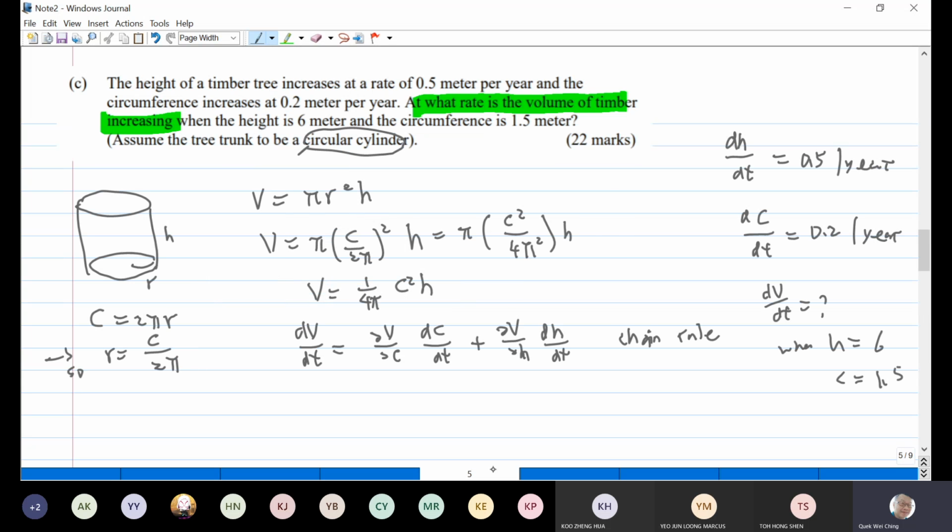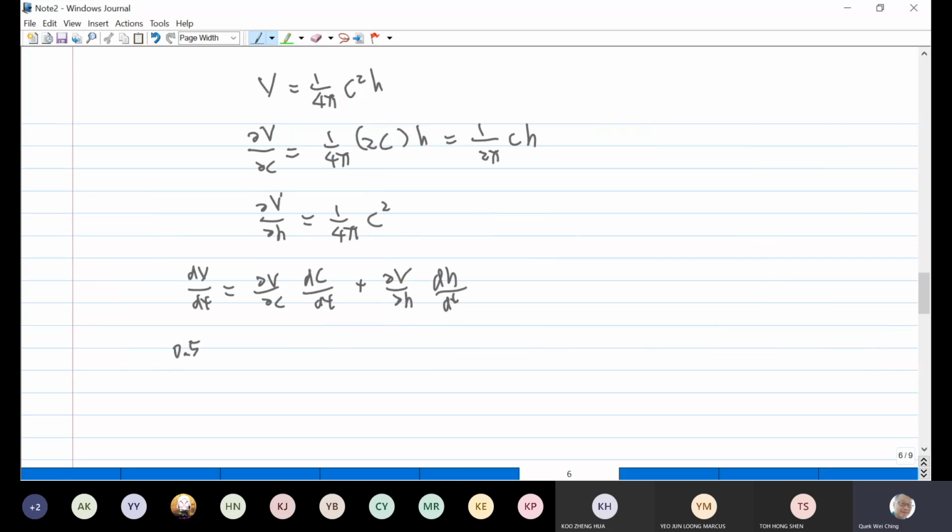Sorry, I mixed up the question already. This one is actually 1/2 pi c h times dc/dt. So what is c and h here? Let me write first.